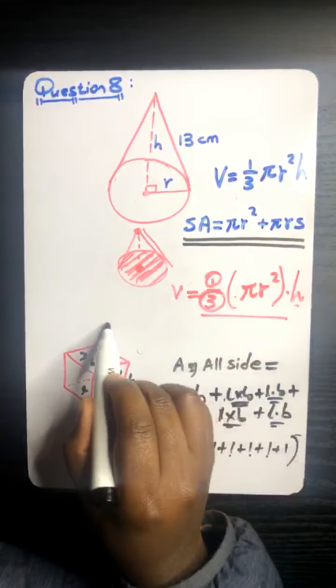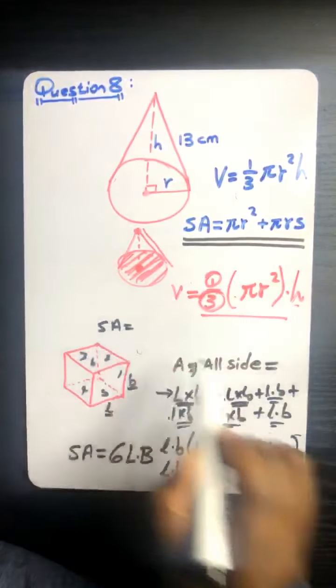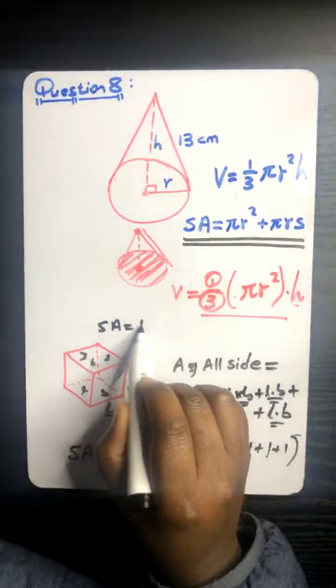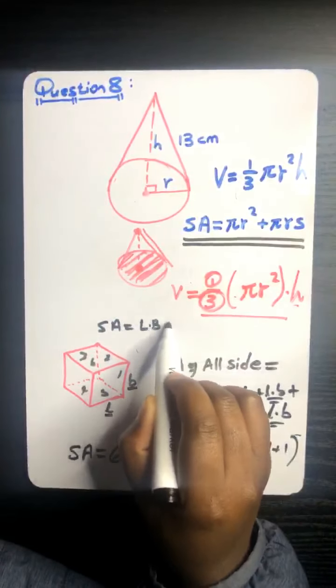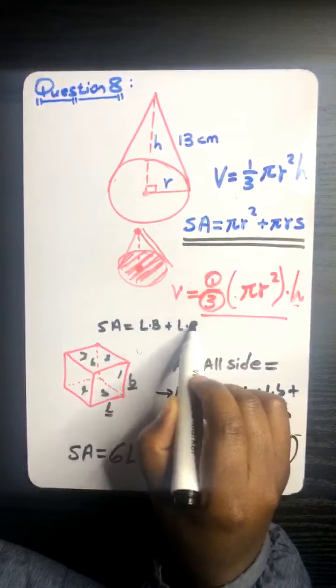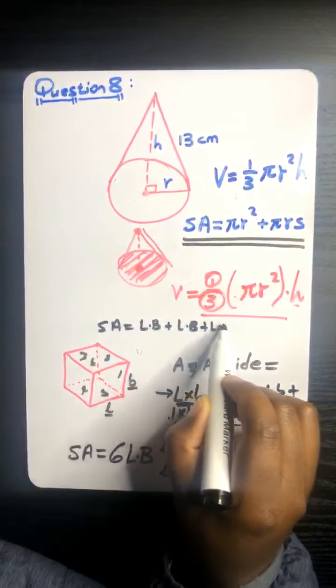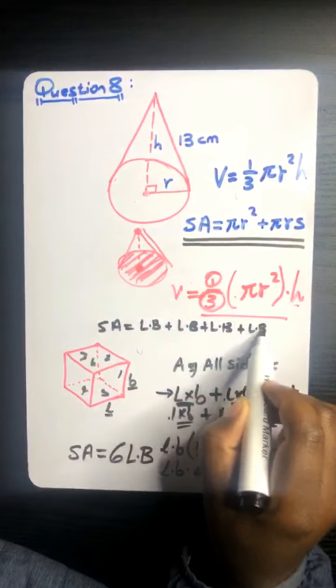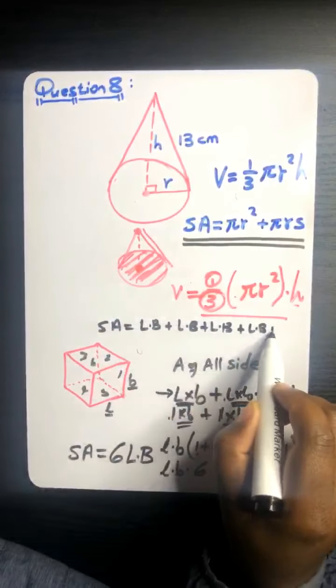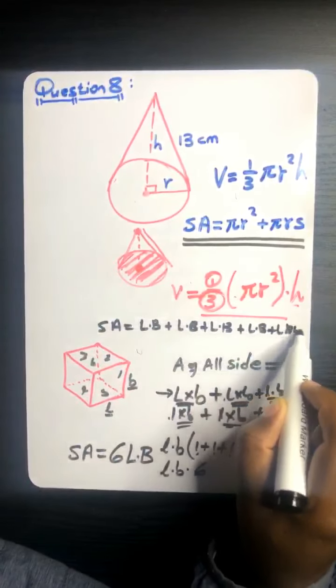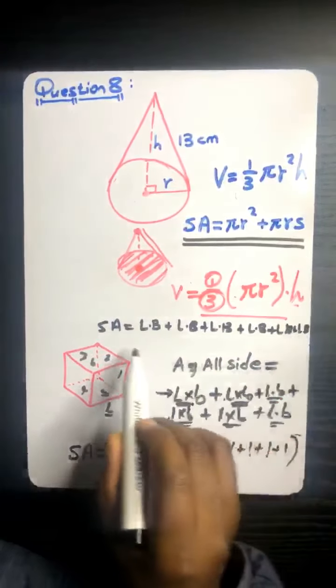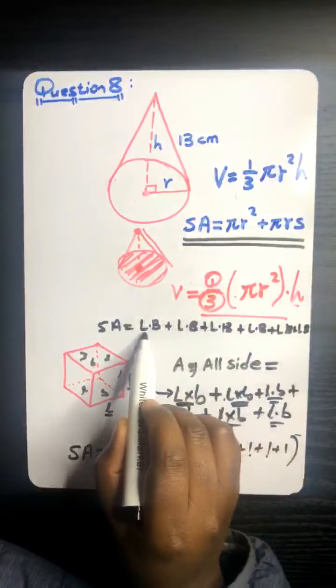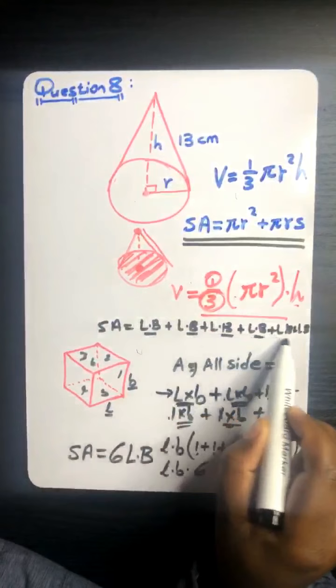Let's say surface area is equal to, remember, length times breadth plus length times breadth. You do it 6 times because you've got 6 sides. Length times breadth, 1, 2, 3, 4, plus length times breadth plus length times breadth. So how many terms do you have? One term, one term, one term, one term, one term, one term.